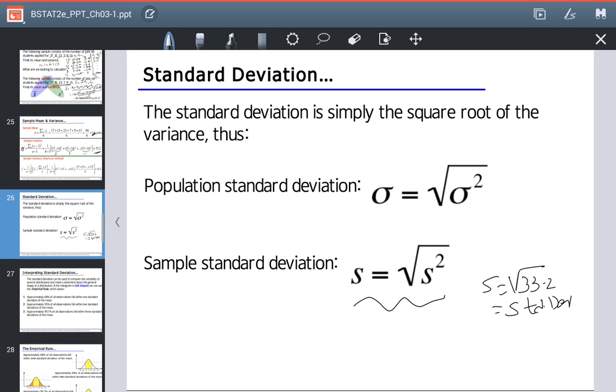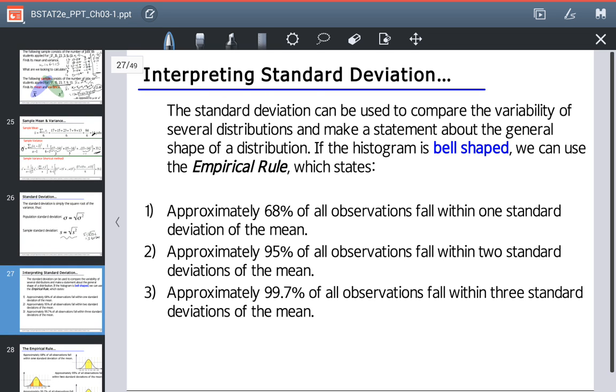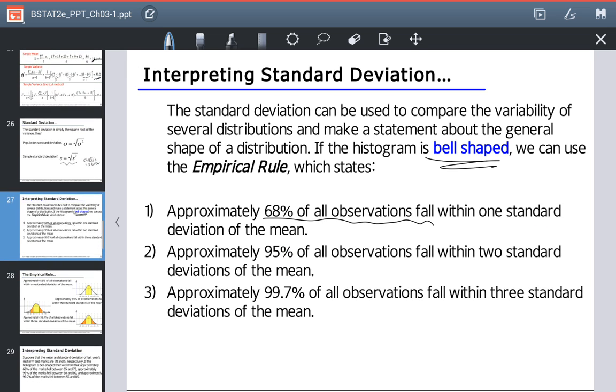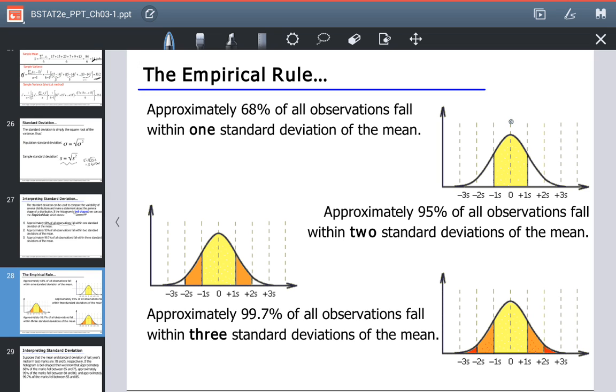Standard deviation is a very important concept, especially for the bell-shaped distribution. The empirical rule says that 68% of observations fall within one standard deviation of the mean. So if this is my mean, let's say 0 is my mean, denoted by x bar here, and this is my one standard deviation, one standard deviation below the mean, one standard deviation above the mean.